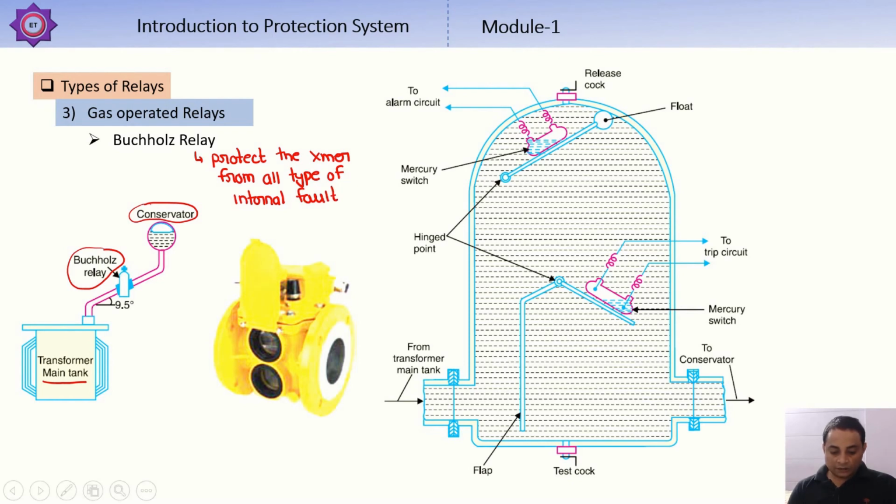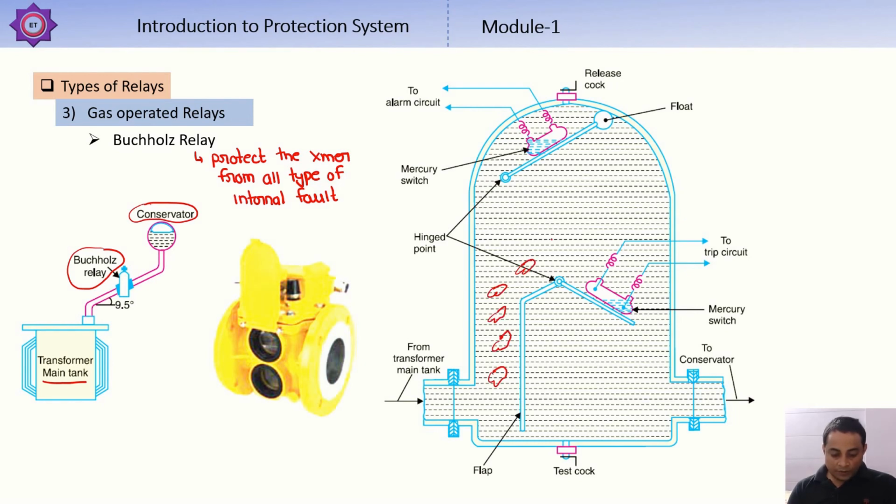When faults occur in the transformer, heavy current flows in the transformer winding. Due to heavy current in the transformer, losses also increase, and this loss converts into heat. Due to heat, oil in the relay starts to convert into gaseous form.